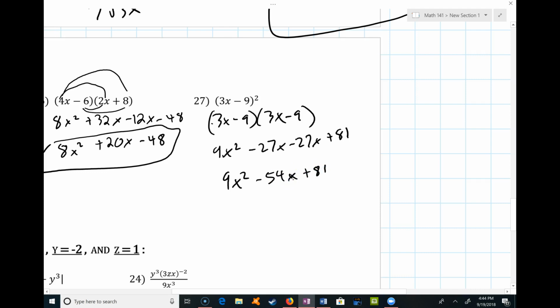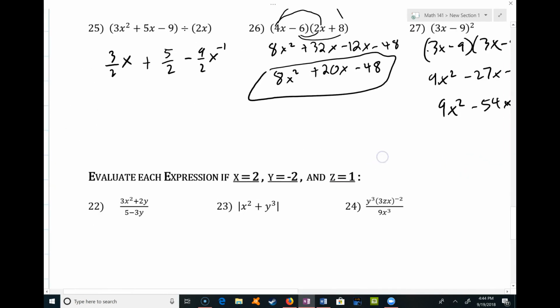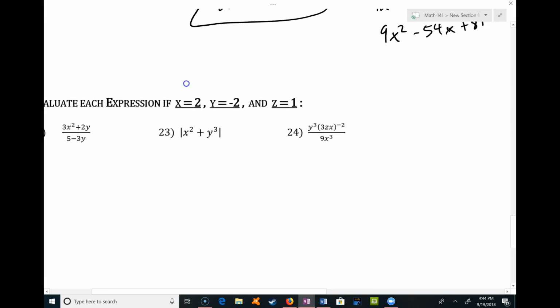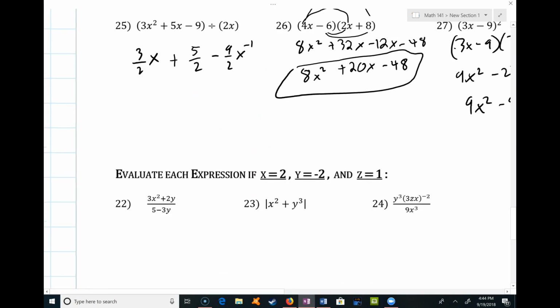Okay, we got 3 more problems and we'll be done with this. We talked about this in class, but you're not being asked to simplify anymore, you're being asked to evaluate, which means you need to find out how much this expression is worth, which is impossible as long as it looks like that, but then they give us this inside information. So this says every x is equal to 2, every y is equal to negative 2, and every z is equal to 1.